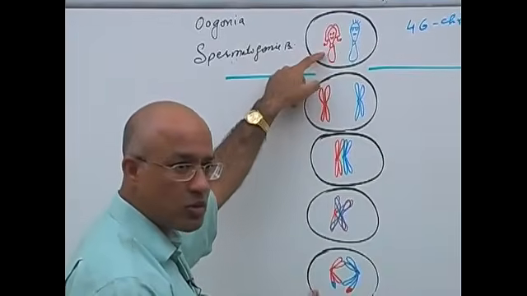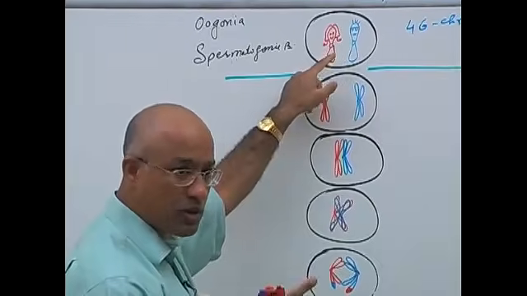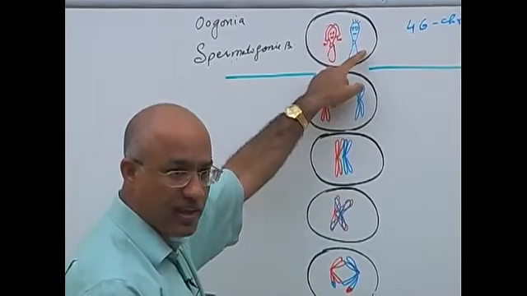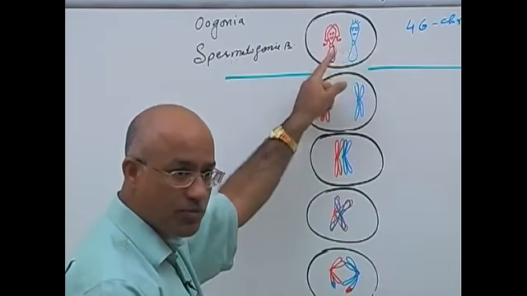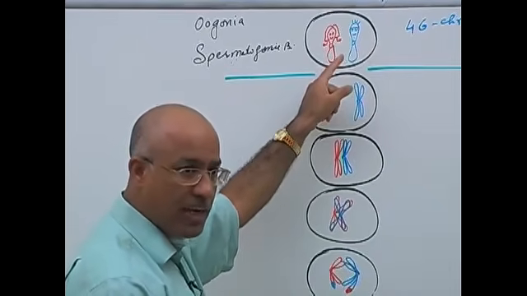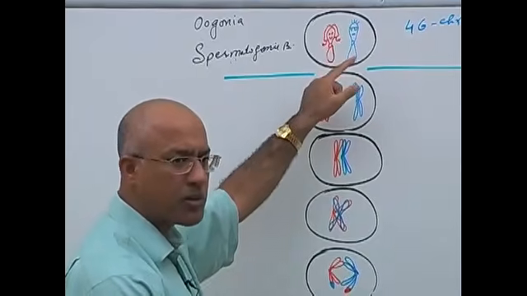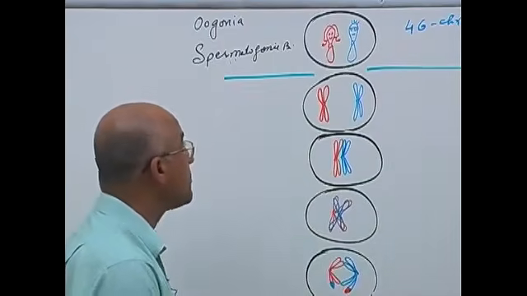So 22 chromosomes will be homologous to each other, because I have 23 chromosomes from mother and 23 from father. But you have to remember, the X chromosome in my case must be coming from my mother and the Y chromosome must be coming from my father.